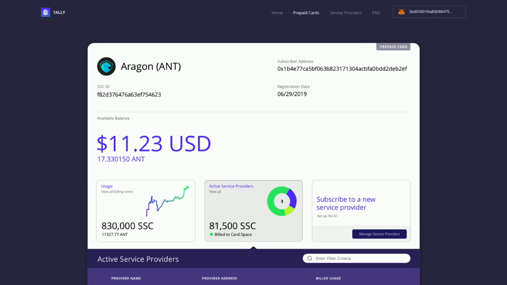And the usage, as you can imagine, is accumulated over time. These are how you have used this balance that you have staked and therefore have on deposit with various types of service providers. The active service providers shows how many service providers you are using this for. The green one is for hosting your photos, the purple one is for dealing with your accounting system, and then the light green one could be paying gas fees for you.